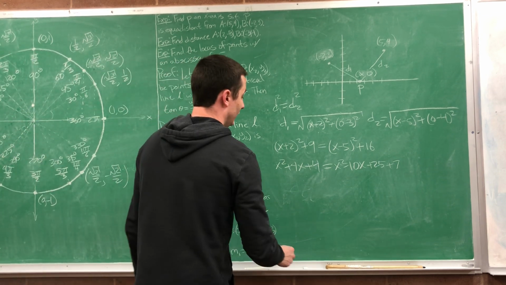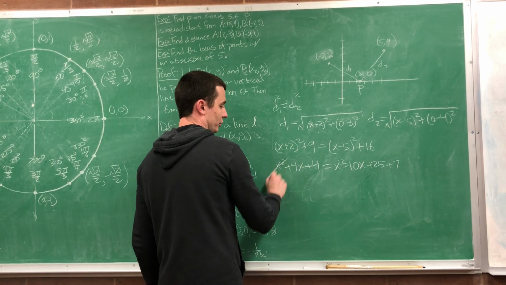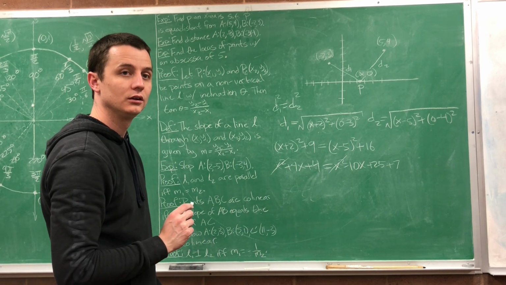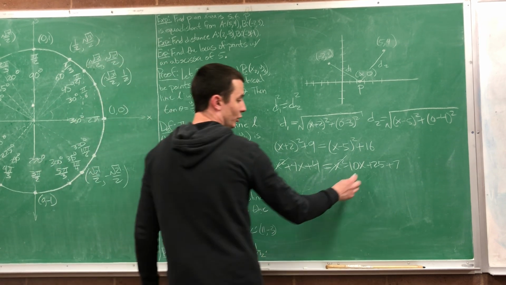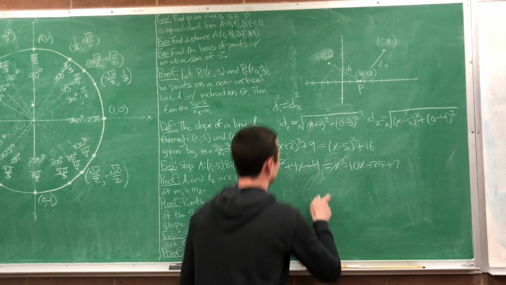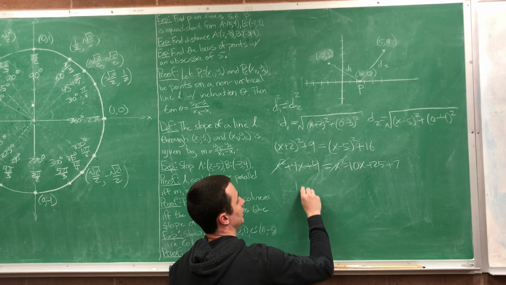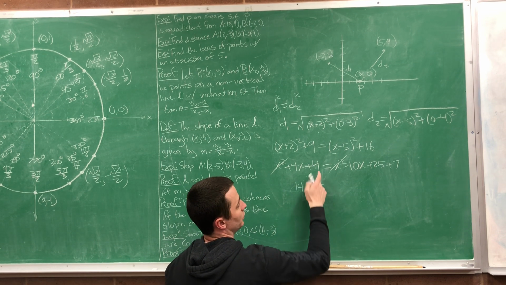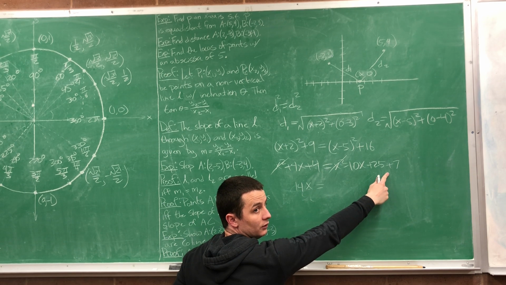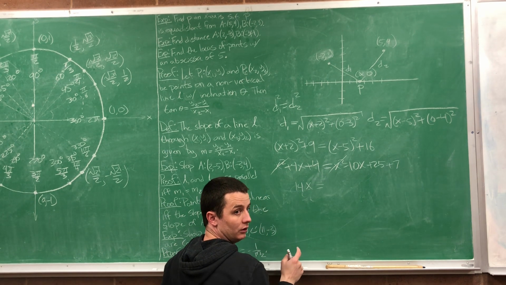Okay. Now notice, x squared, subtract x squared from both sides. That's gone. And now I'm going to move all my x's over here and all my constants over there. So I'm going to add 10x to both sides. Over here we now have 14x is equal to, and I'm going to move this 4 over here, which is going to make it negative 4.